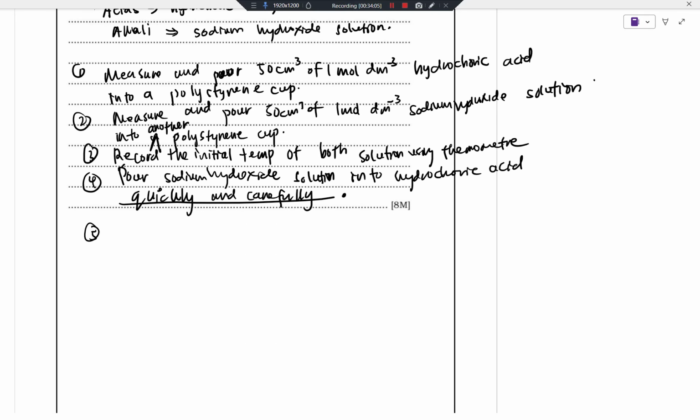Okay, number 5. அதுக்கப்புறம் stir the mixture using thermometer and record the highest temperature lah.